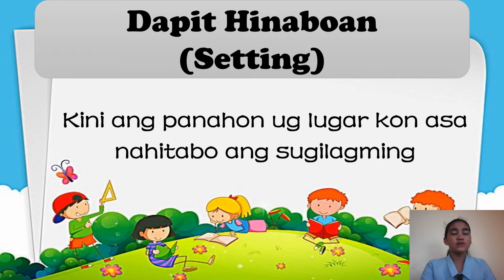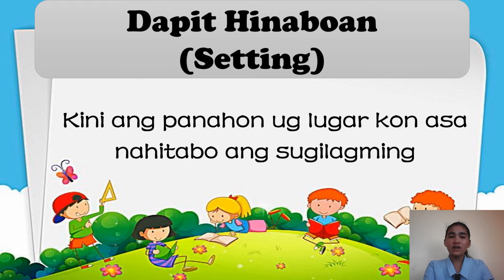The author or the writer includes things like the weather and the situation in which the character finds himself or herself, so the readers could think and imagine that certain event. So, mao kini ang setting. In my example a while ago, where did the story happen? Yes, very good. The story happened in a beautiful place of Bagong Banwa.